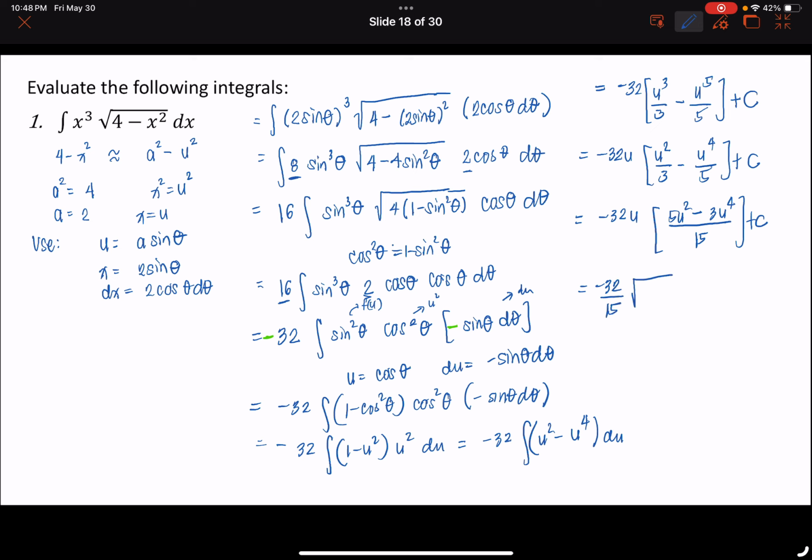U is the square root of 4 minus x squared. And then we have 5u squared. So u squared is equal to cosine squared. Sorry, we're not yet there.